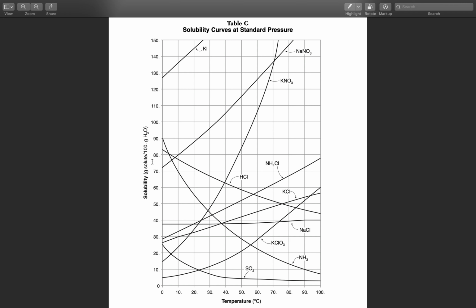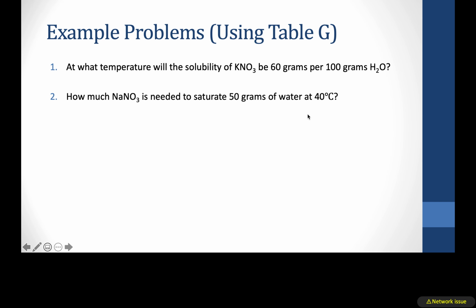Well, sure, in 100 grams of water, but if you only have 50, you can only dissolve half as much because you have half as much water. So instead of 106, it becomes 53 grams. Okay, so that one's a little tricky. Go ahead and rewind if that was a little too much. Slow it down, right? The beauty of this is you can listen to it as many times as you want.